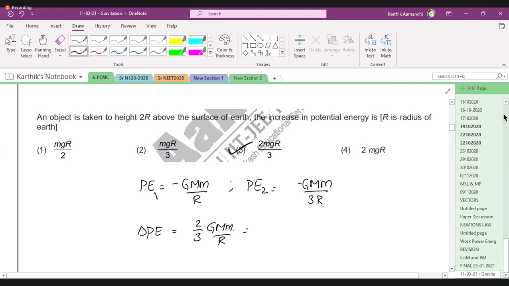Into R divided by R. So 2 by 3 mgR you will get. Understand?